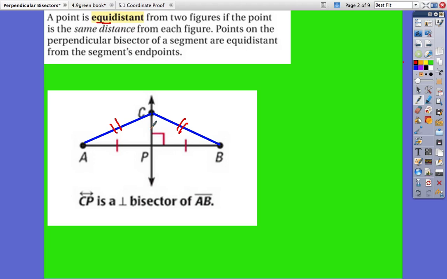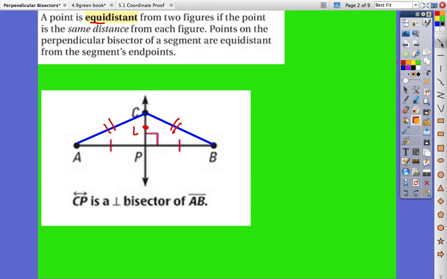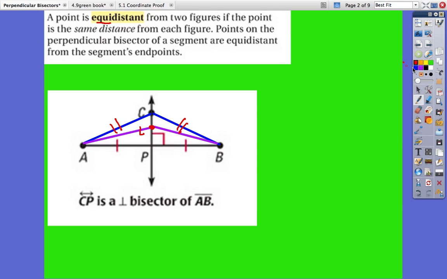So for example, if you put another point here and you call this point L, L is going to be an equal distance to B as it is to A. And we can see that if we draw a segment again. So let's use a different color this time. If I connect L to B and L to A, LB is going to be equidistant to LA.